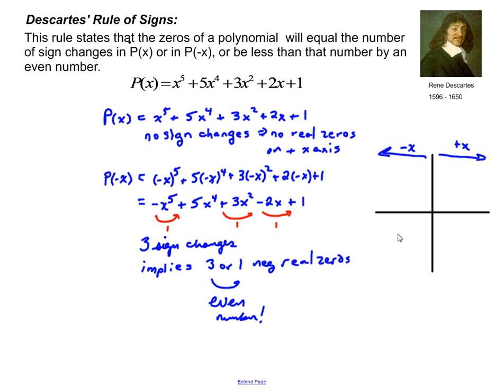So what does that mean? Well, if we were actually looking at our graph, we would discover that the choices are either a graph that passes through the x-axis in 3 places, or, if we were to graph our function, a graph that only passes through the x-axis in exactly 1 place to the left of the origin.